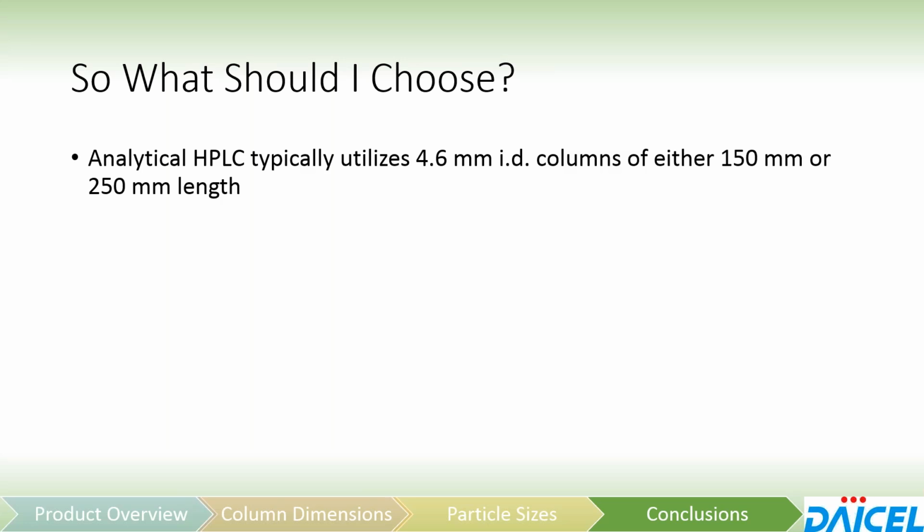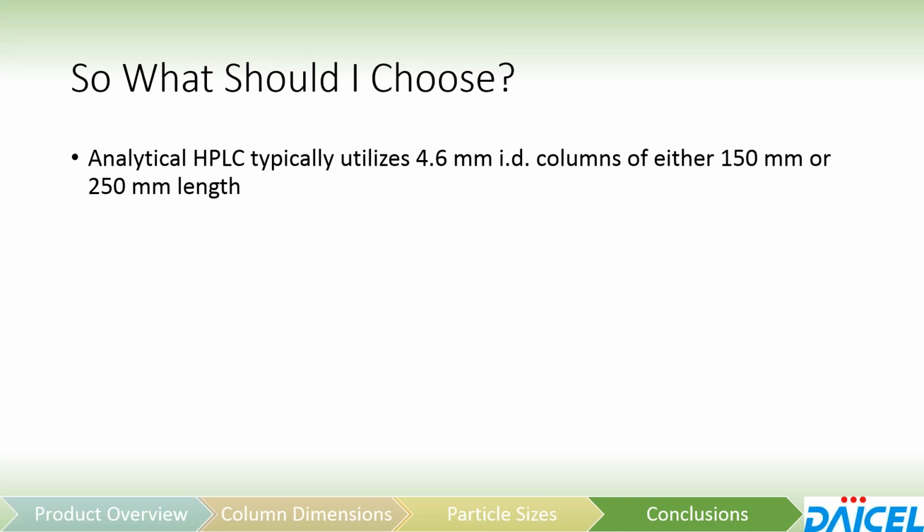Now, these recommendations that I'm going to make you are not hard and fast. They are what we internally do and what collectively as the DiCel community we've established. But for your given separation, you might find that you can get away with a smaller length, a shorter length, or a smaller ID, or a smaller particle size. It really depends on your separation.